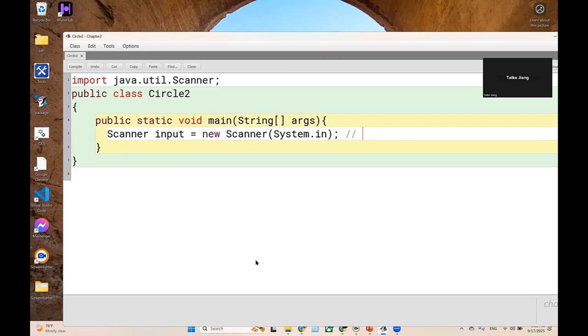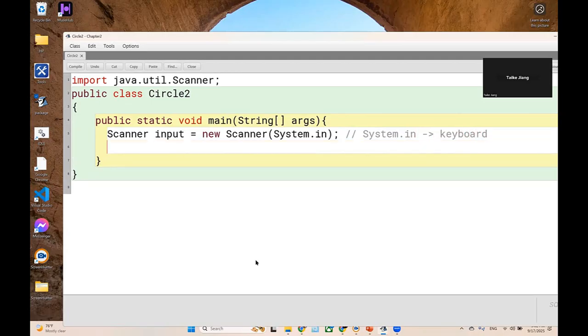So what is System.in? How do they take the input, from where? System.in means your keyboard.